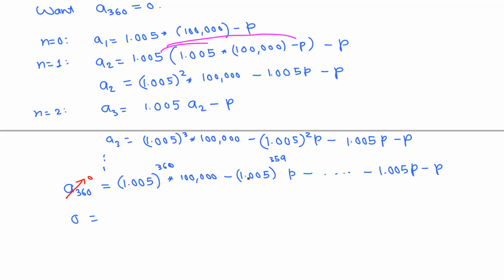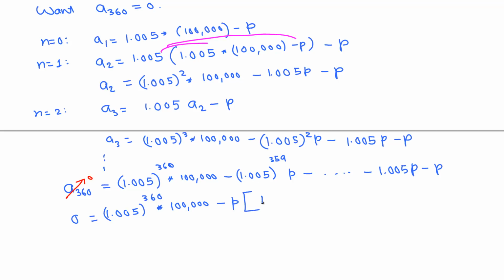Look, except for the first, every single term has P, so we can factor P out. So this is 1.005 raised to 360 times 100,000. In fact, we can use a calculator and just simplify this. Minus, from these 359 terms, we can factor P out.